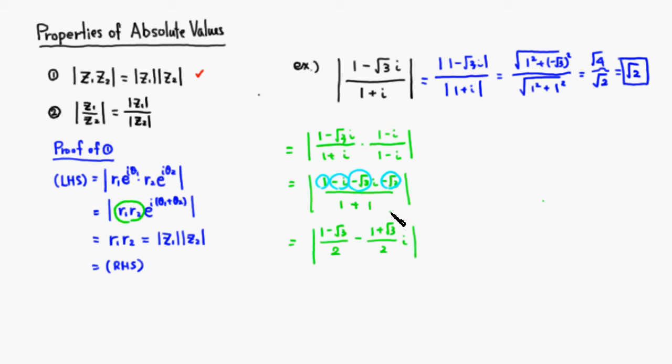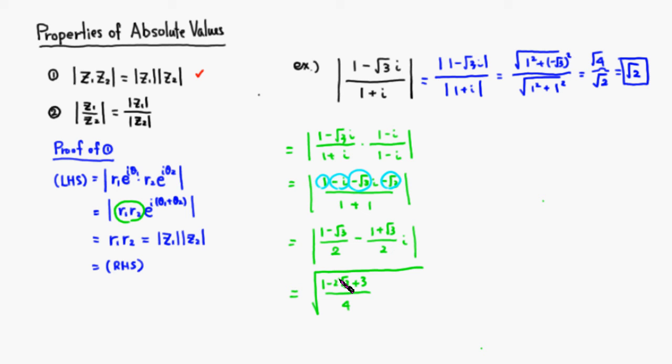Right, then you would have to do a squared plus b squared. So in this case, actually square root of, right, this guy squared, which is going to be 2 squared would be 4, and 1 minus square root of 3 squared would be 1 minus 2 square root of 3 plus 3.